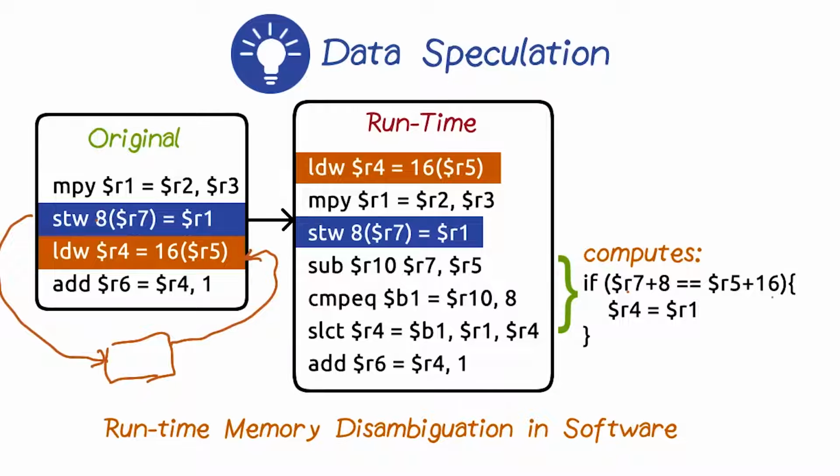And then the relative offset between 16 and 8 is being used here to be added to this R10. And we are holding this as a branch condition of comparable equal to. So in case these happen to be equal, the B1 bit will be set here.